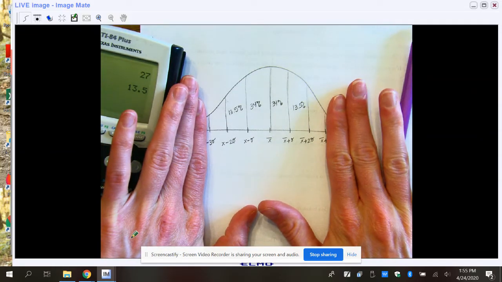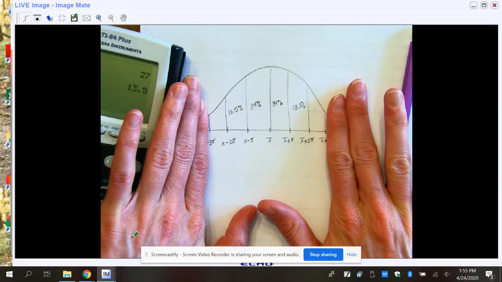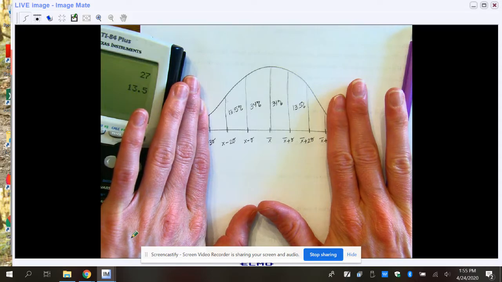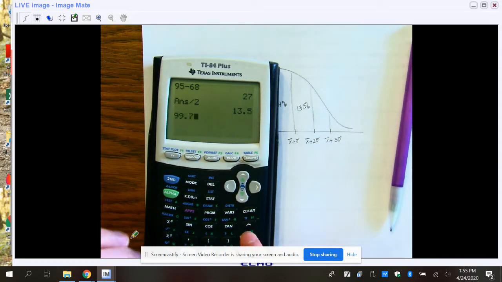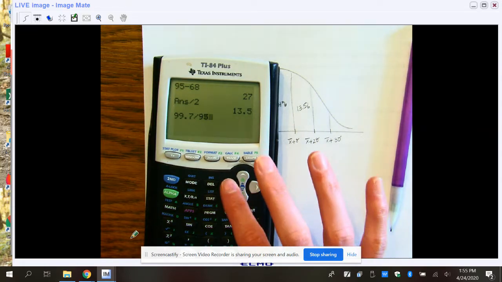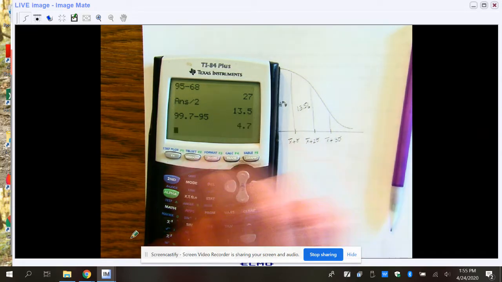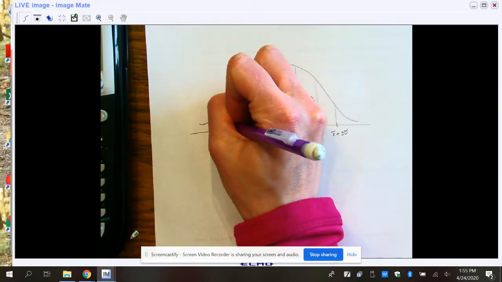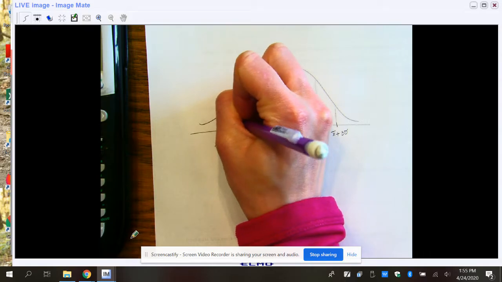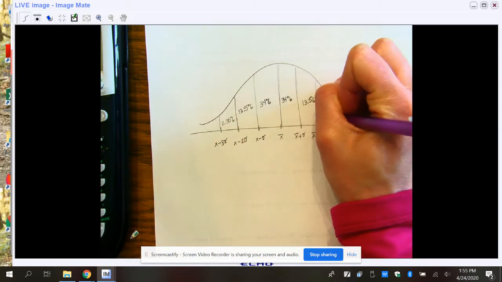And then 99.7% of your data falls within 3 standard deviations of the mean. So 99.7 minus the 95 that we've already used is 4.7. So if we split that evenly between the 2 bars, that's 2.35% here and here.